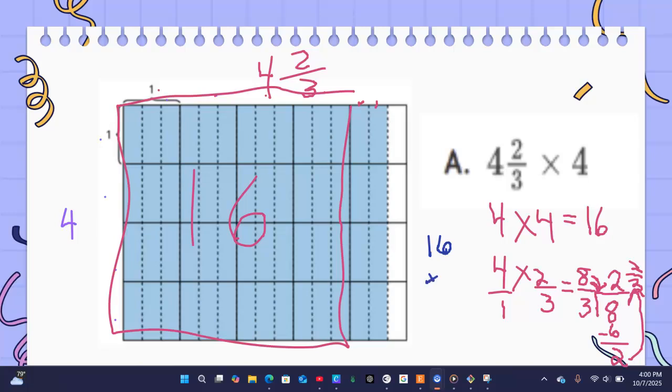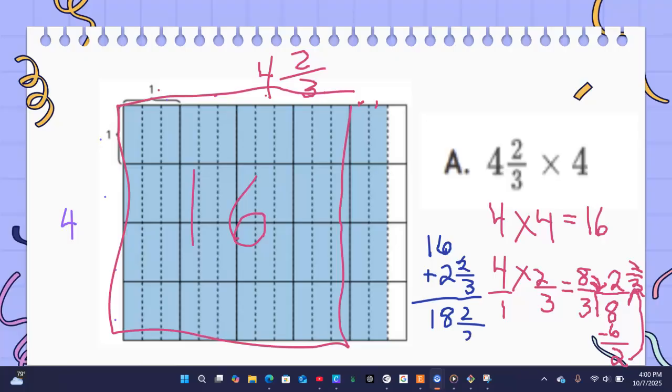Not times, but plus, because we're adding our two products. 16 plus 2 and 2/3 will give us 18 and 2/3.